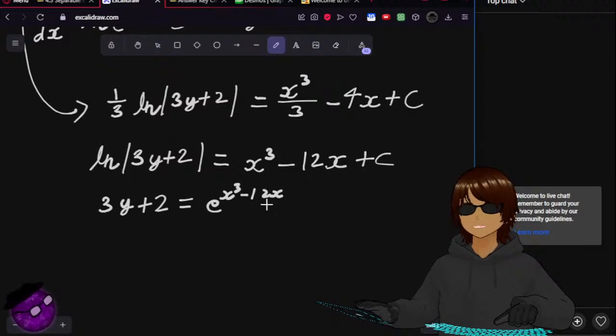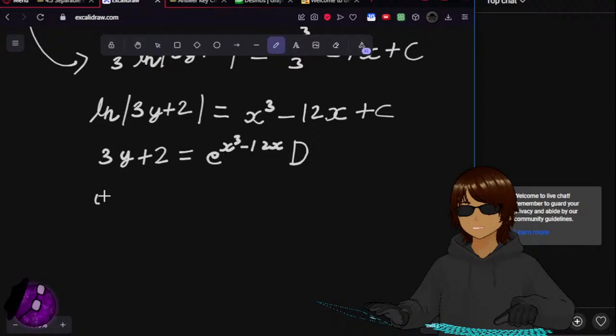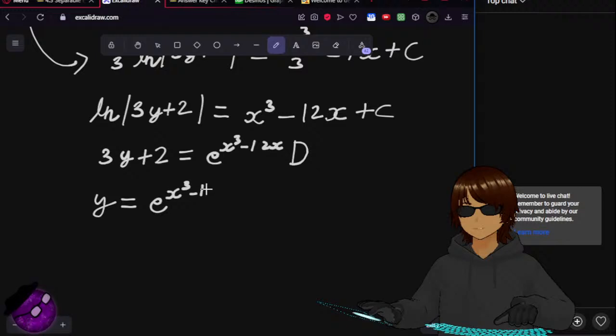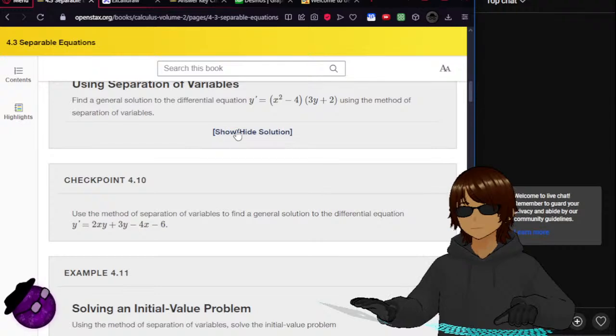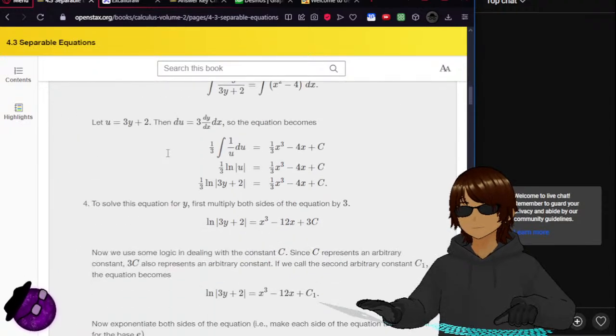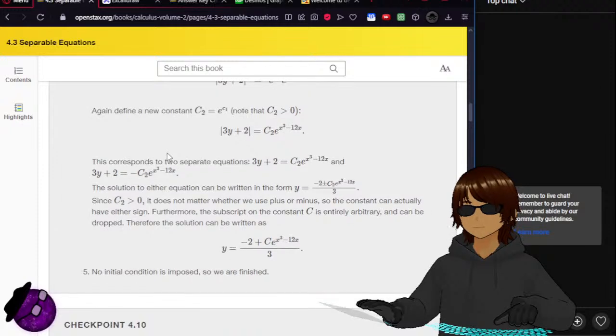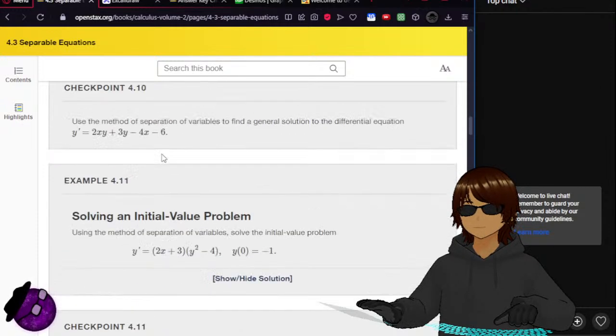I can separate out this plus c separately, so I can use a constant called capital D, right? And then y is equal to D e to the power of minus 12x minus 2, over 3. Yes.